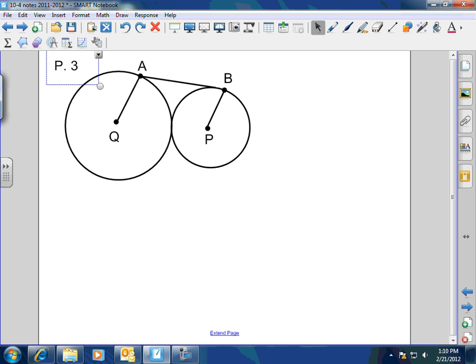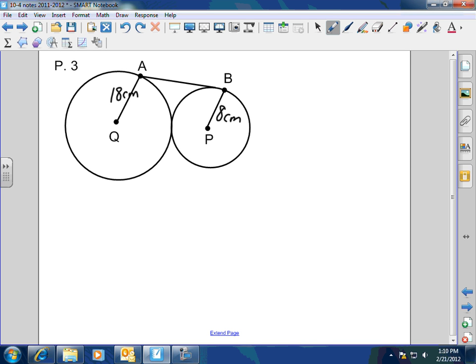Number 3. Now in this case, they tell us the following. They tell us here that a circle with radius of 8 centimeters is externally tangent to a circle with a radius of 18 centimeters.